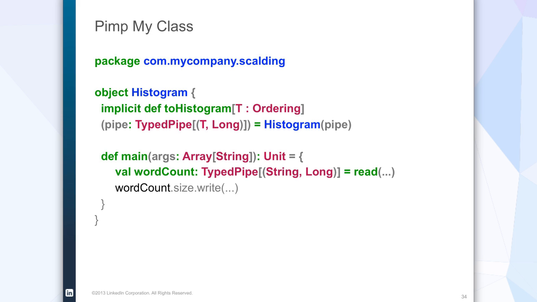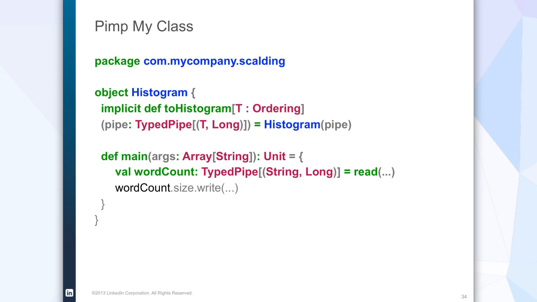It is because the Scala compiler works in such a way that we can now call functions from the object histogram on things that are not of type histogram. They are of type pipe of string and long, and the compiler will go and look whether it has these implicits in scope. So basically it asks itself, do I know how to convert a type pipe into a histogram? And if so, it just calls this conversion.